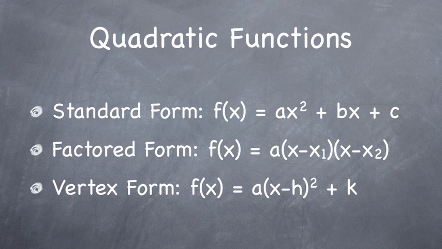We've got our standard form where everything is multiplied out, ax squared plus bx plus c. We have our factored form where we can easily see where the zeros of the function are going to be. So here the factored form is a times x minus x1 times x minus x2. So x1 and x2 are going to be the two zeros for the function.